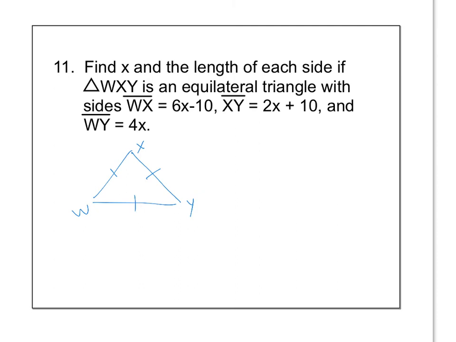And it says side WX is 6x minus 10. XY is 2x plus 10. And WY is 4x. So that's what your picture should look like. Okay, now please pause the video again and try to solve it for x.